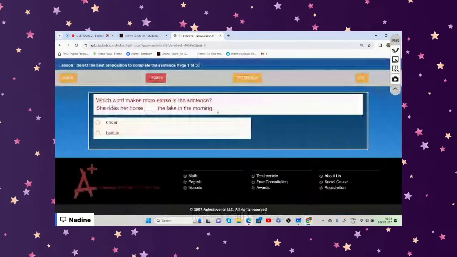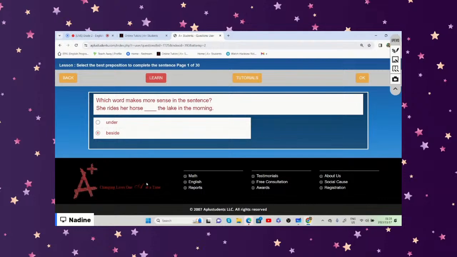It says, which word makes more sense in the sentence? She rides her horse. Do we say under the lake in the morning or beside the lake in the morning?